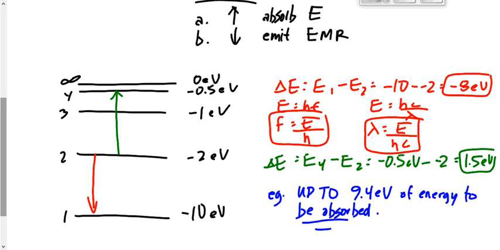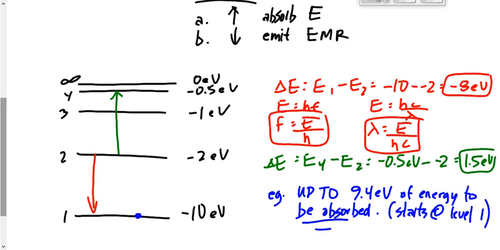Where is it going to go? What level is it going to go? From level 1. So we're starting at level 1. We're absorbing up to 9.4.